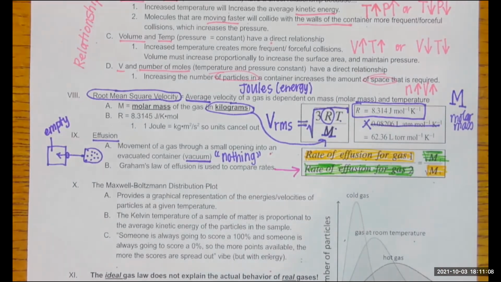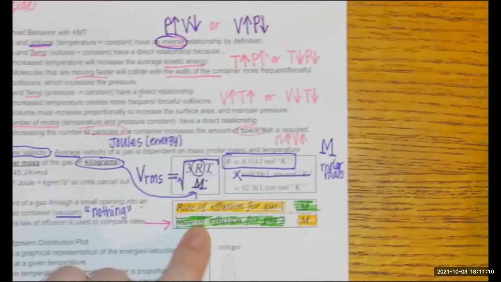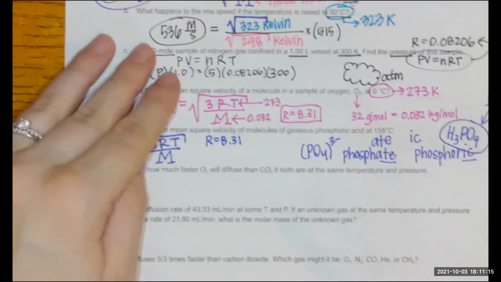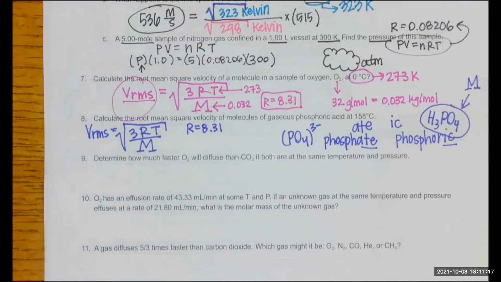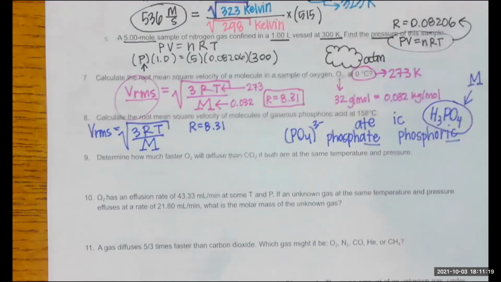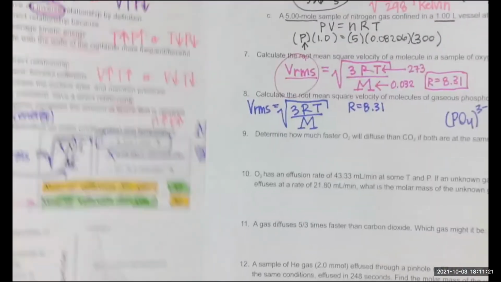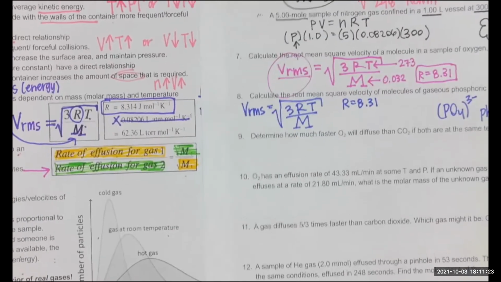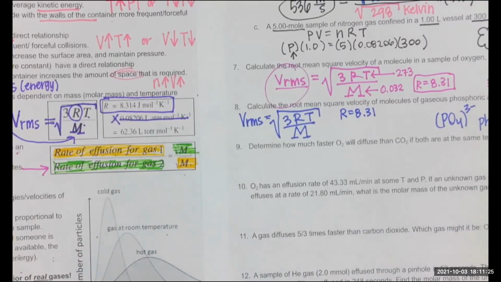So keep this off to the side so you can use it on these numbers. So number 9, I'm going to move this paper and copy this formula into number 9.